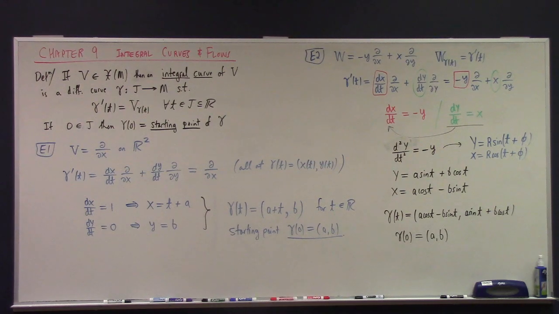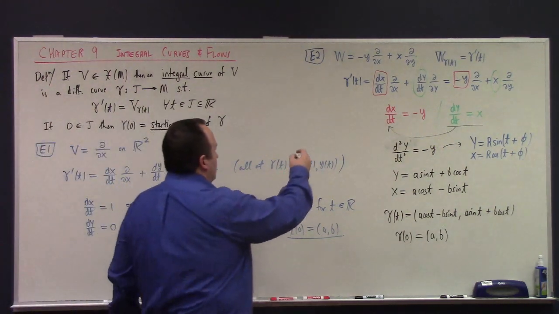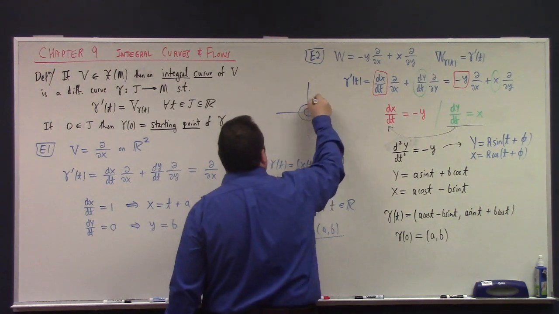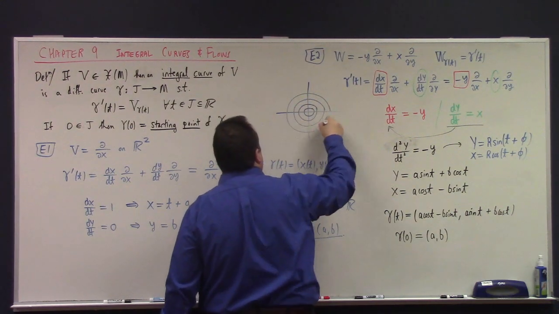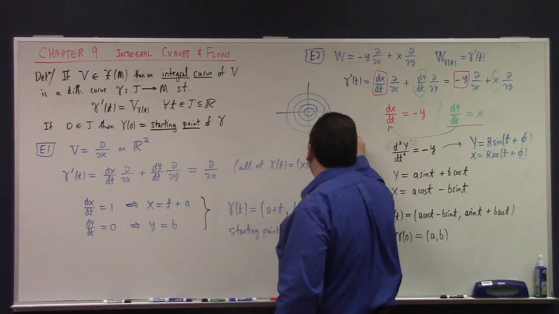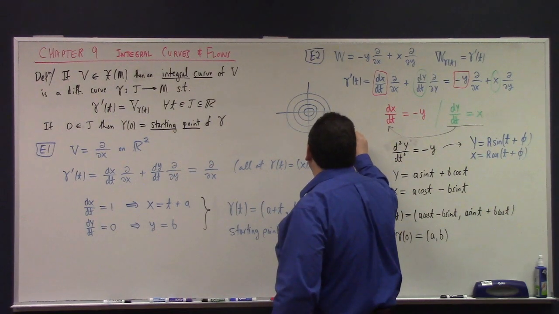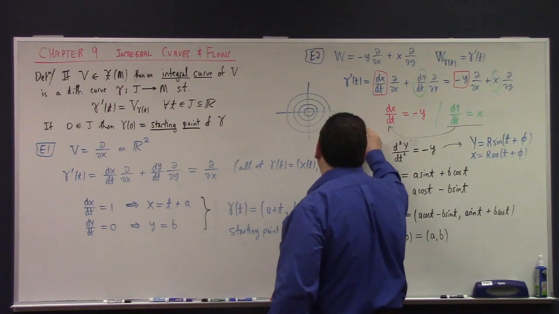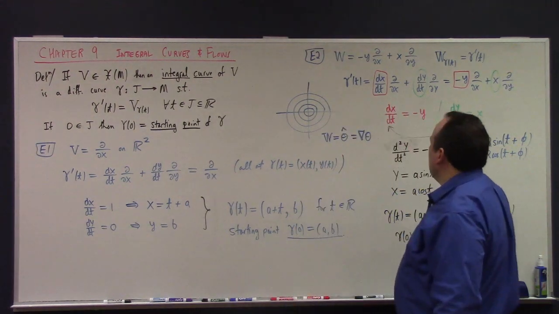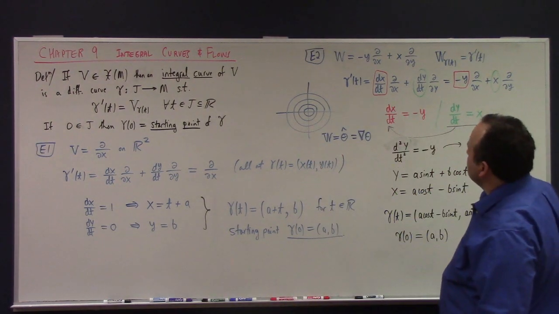The integral lines of this are exactly concentric circles around the origin. These are your integral curves, because what w really is, in the language of my Calc 3, I think, is just theta hat. It's the gradient of the angle function, if you like. I could be wrong about that.